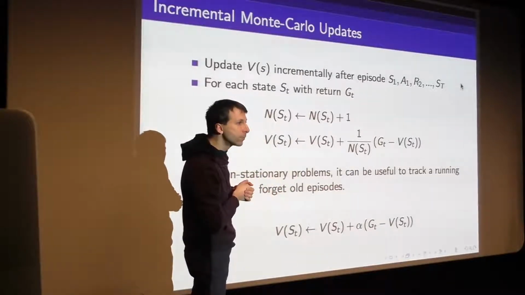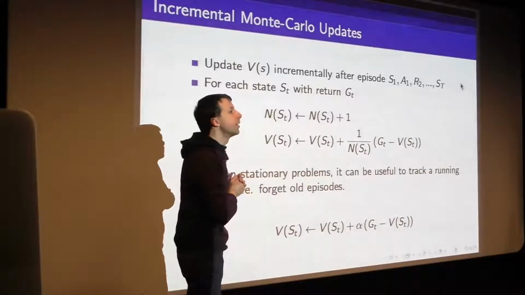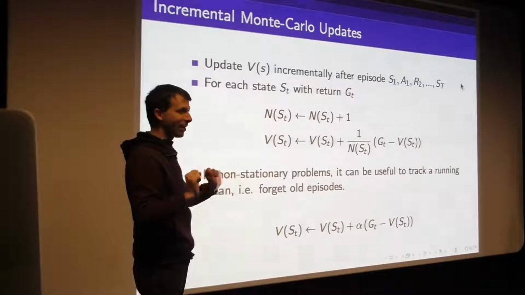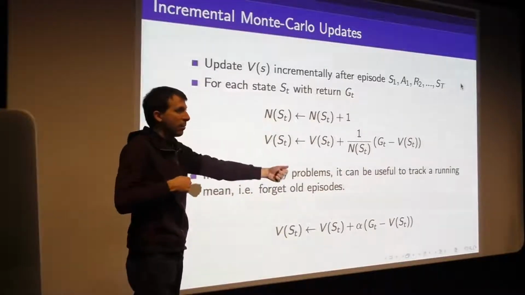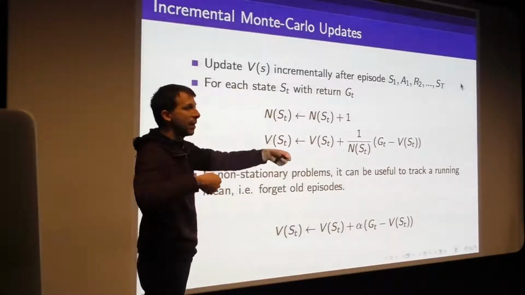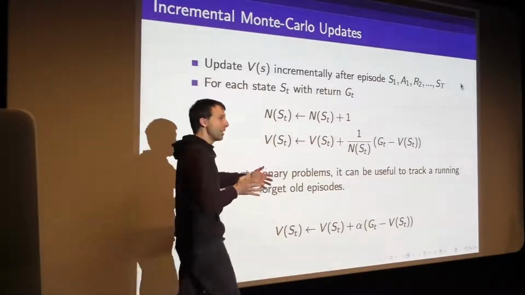Question: in an example, you put a return in the end, you didn't have the intermediate return, and here you have intermediate return? No, we're not computing intermediate returns. That's the next part of the class, actually, so I'm glad you said that. What we're doing is still getting the complete return, but it's only incremental in the sense that every episode we update our mean. It's a trivial rewrite of how we compute the mean.